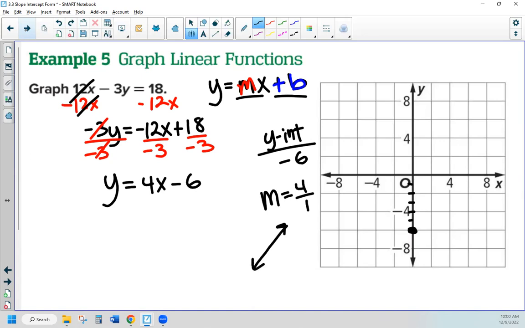So if I decide to go up, say, 1, 2, 3, 4, do you think that I'm going to take this 1 right here to the left? Will it make sense that if I now connect my line like this, my line, reading it from left to right, is going downwards? No, that doesn't make sense. I said my line needs to go upwards.